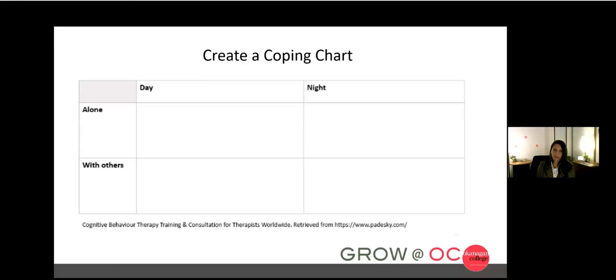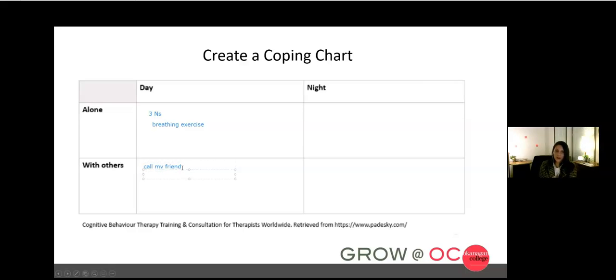An example might be, I'm going to do that 3N thing Ashley talked about. Every time I drink a sip of water, I'm going to identify my feelings, right? Or it might be, I'm going to practice my breathing, whatever you can do during the day alone. Another, during the day with others: you know what, I am going to call my friend and I'm going to have a laugh with her, right?